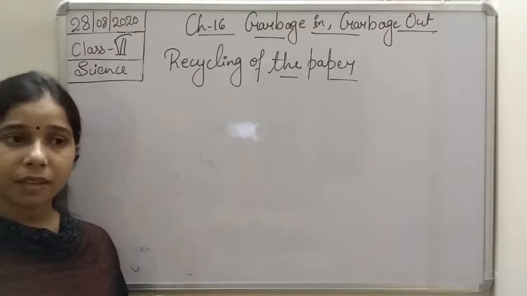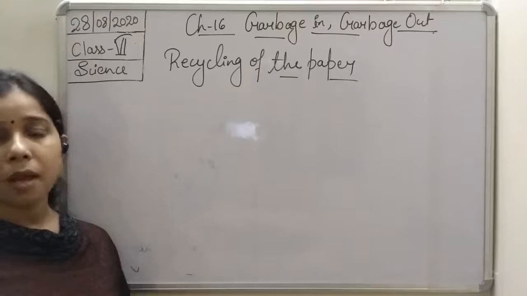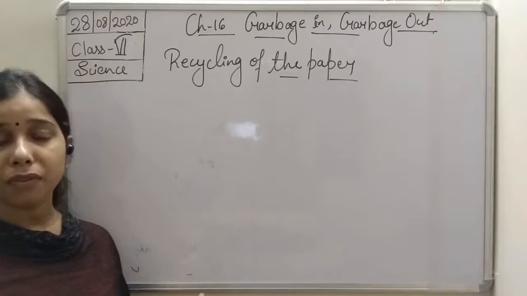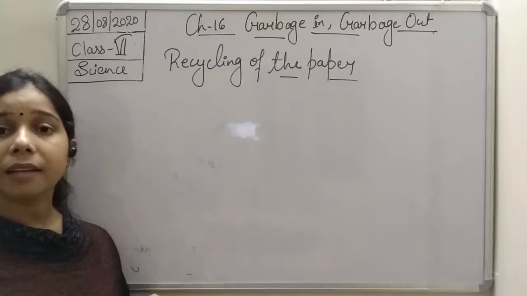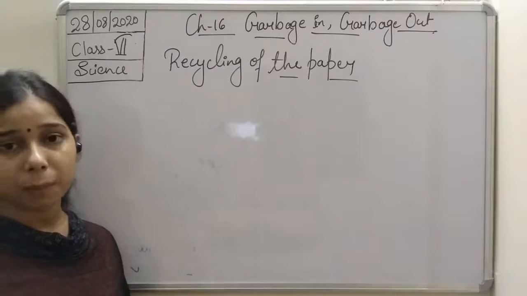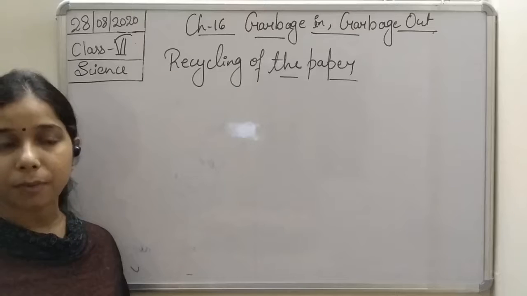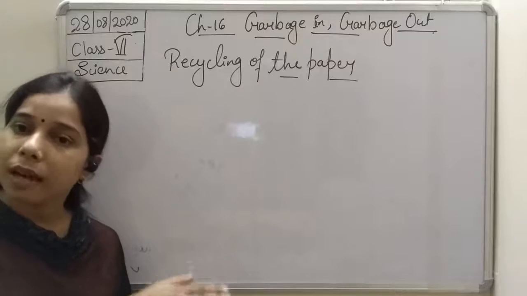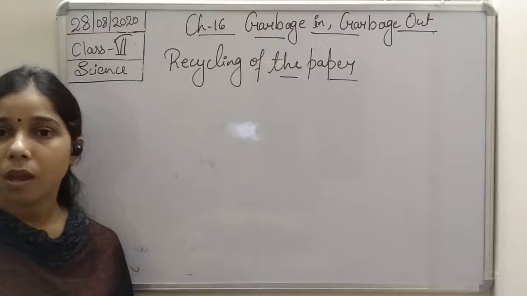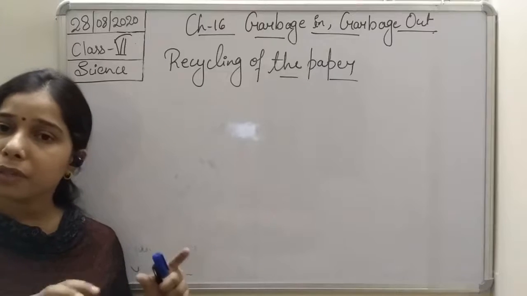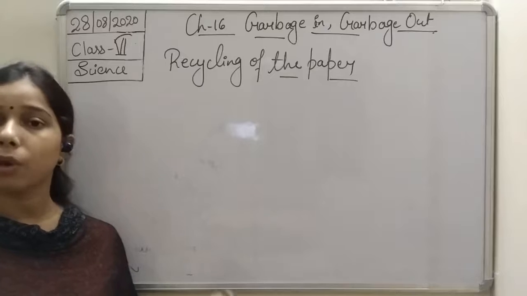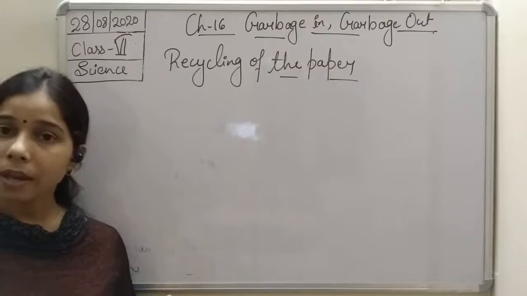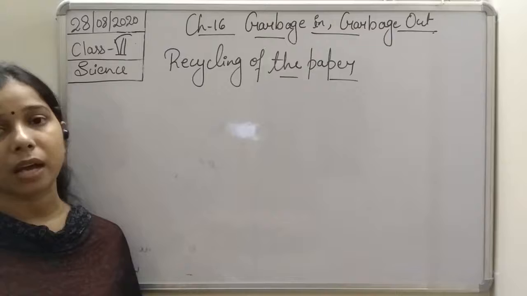Now, when the layer is formed and all the water is drained off, you will take a newspaper and you will take that thick layer of paper and keep it on the newspaper. Okay, and at the corners of the newspaper you should keep a heavy object so that it will not curl. Okay, and keep it exposed to the sunlight.